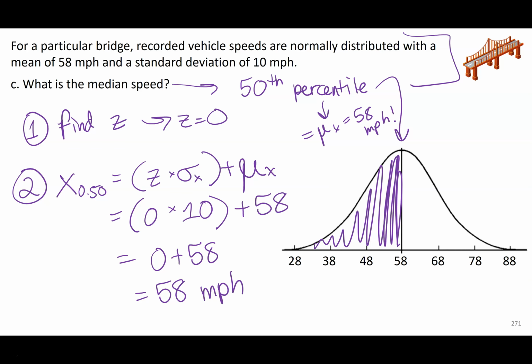There you go. This was the long version, but we wanted to explain that you will get to the same place. Remember, if you have symmetry, the median and the mean are equal to each other if it's exactly symmetric, and the normal distribution is. So really handy there.